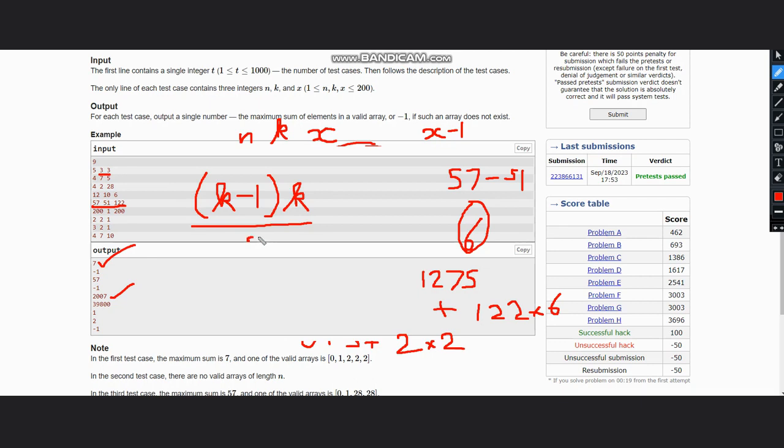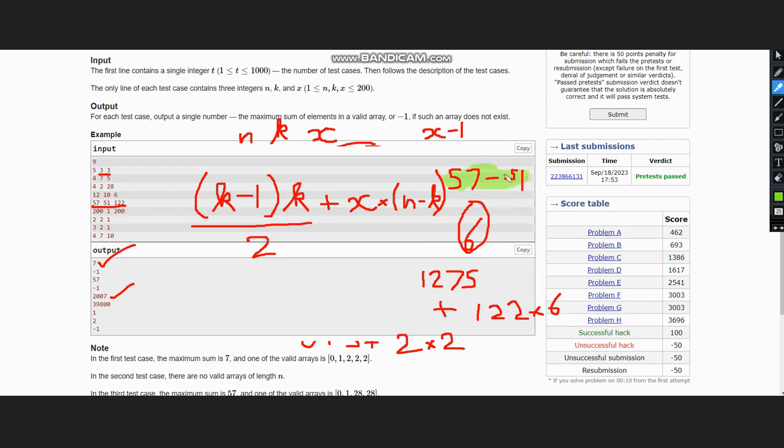So this is our sum till 50, and then plus x into the remaining numbers, which are n minus k, as we did here, 57 minus 51.